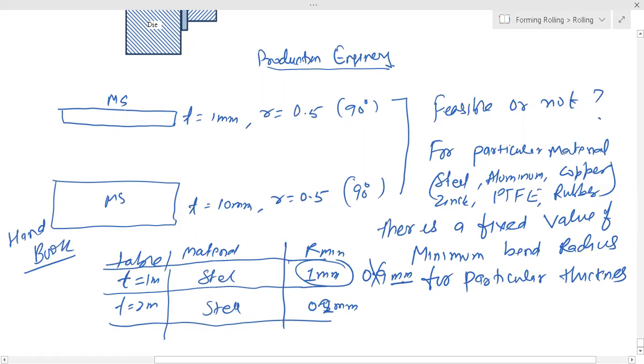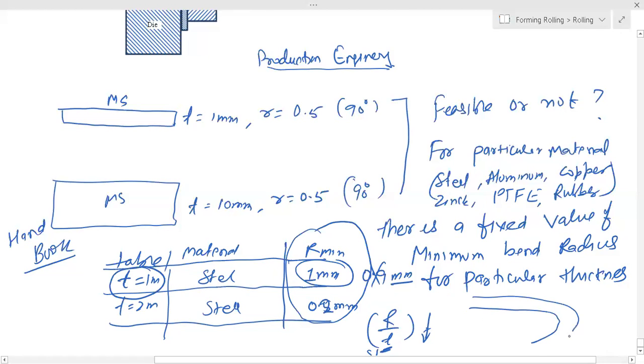So this term, how this was decided, that I am telling you. So suppose thickness is fixed, this is 1 mm, and now material is steel. So radius you go on decreasing. When you decrease this, outer layer will be strained, and you further decrease.